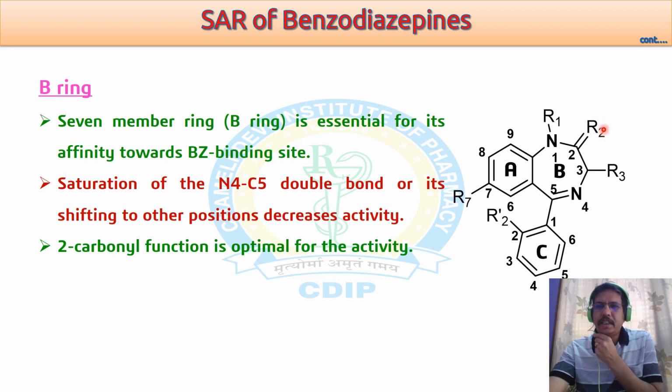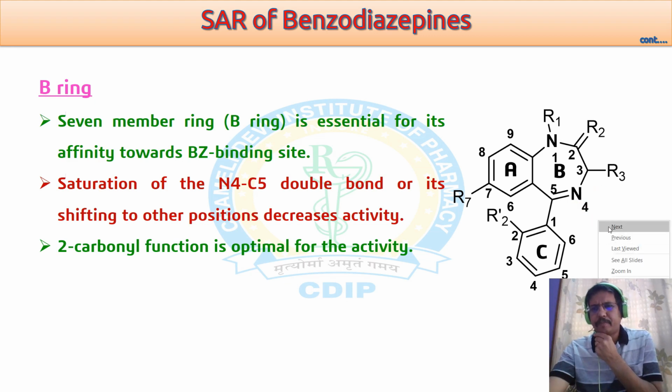In that condition, the compound retains the sedative hypnotic property, but the activity is somewhat moderate as compared to the oxo group, because this oxygen plays a crucial role in hydrogen bond formation with the receptors, and ultimately by virtue of that they stabilize the system. So that can be sulfur or oxygen, but oxygen is much more favorable at this position.